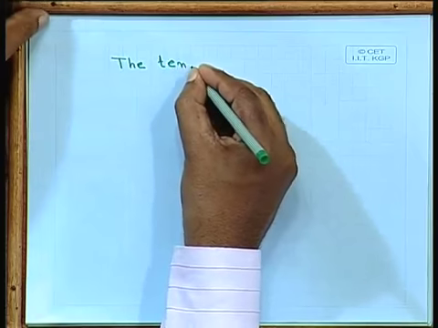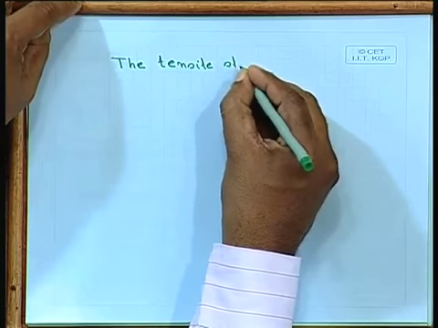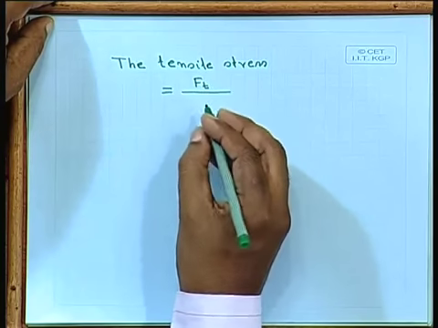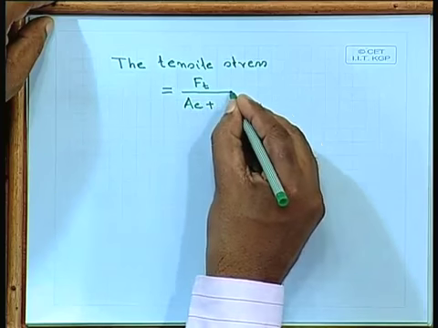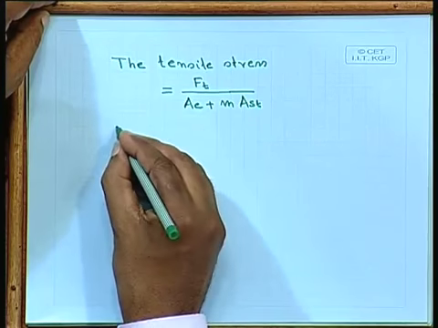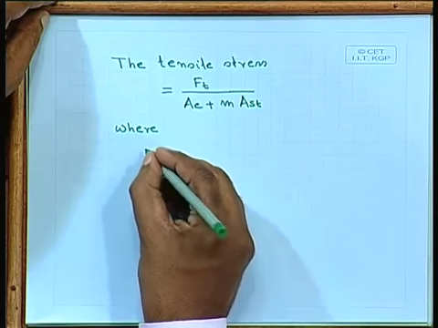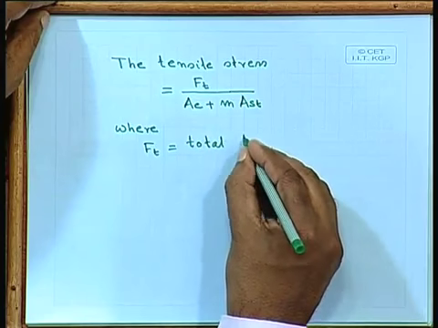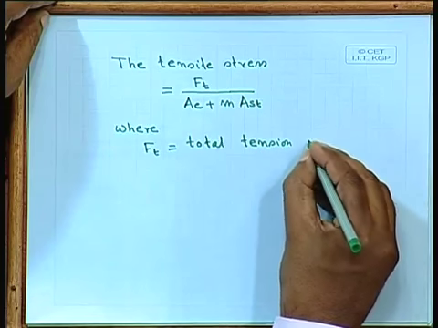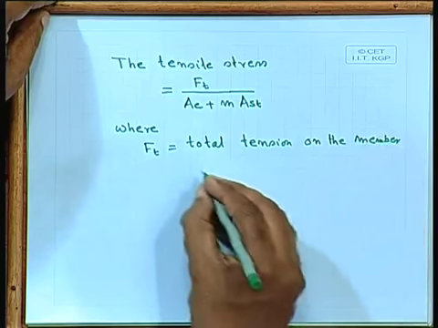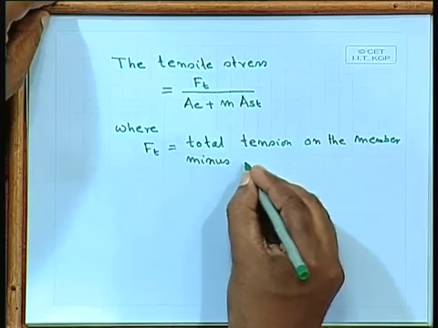The tensile stress equal to Ft divided by AC plus m AST, where Ft equal to total tension on the member minus pretension.